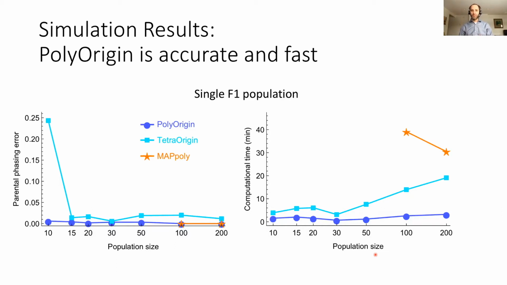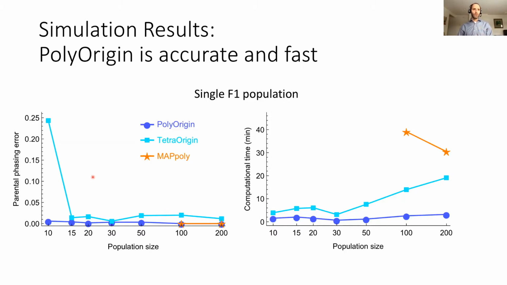Now let's see some simulation results. This is a snapshot of what you can find in the bioRxiv manuscript if you want to read it in more detail. This first figure shows the computational time and the phasing error for PolyOrigin compared to some other software packages. To make a comparison both with TetraOrigin and with MapPoly, we're looking only at a single F1 population.